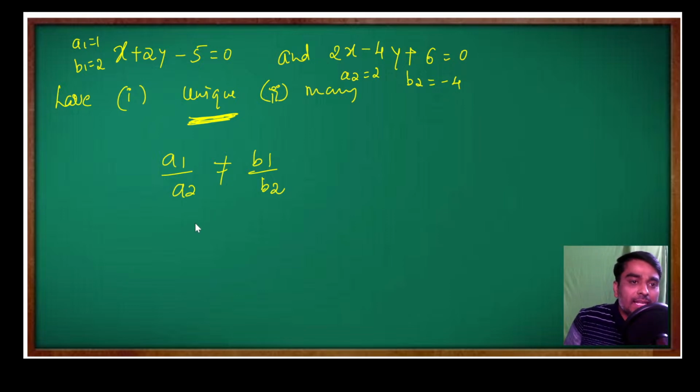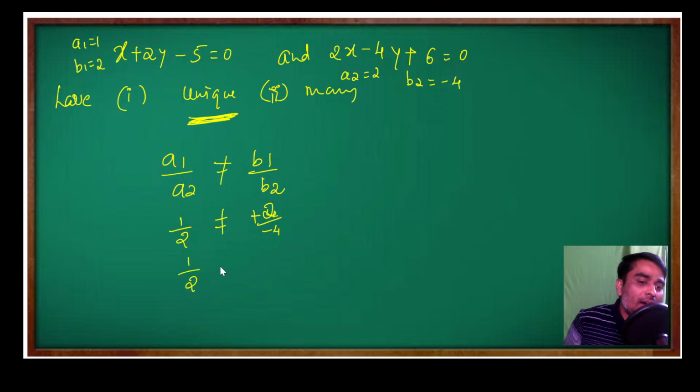Just put this and see. A1 by A2 is 1 by 2, and B1 by B2 is 2 by minus 4.